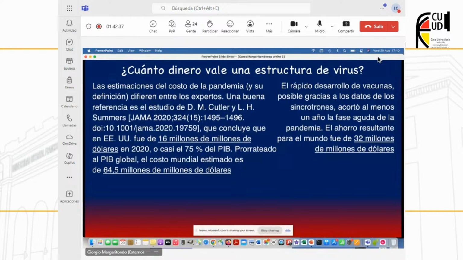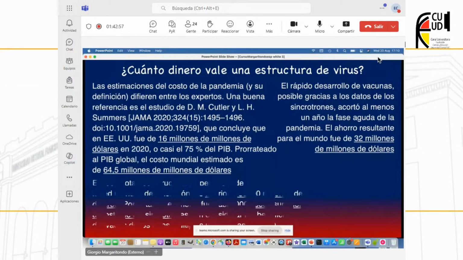And so I think it is quite safe to conclude that at the very least, this operation that led to the virus shortened it by at least 1 year. I think this is very conservative, probably it was more than that, but let's assume 1 year. That means $32 trillion.